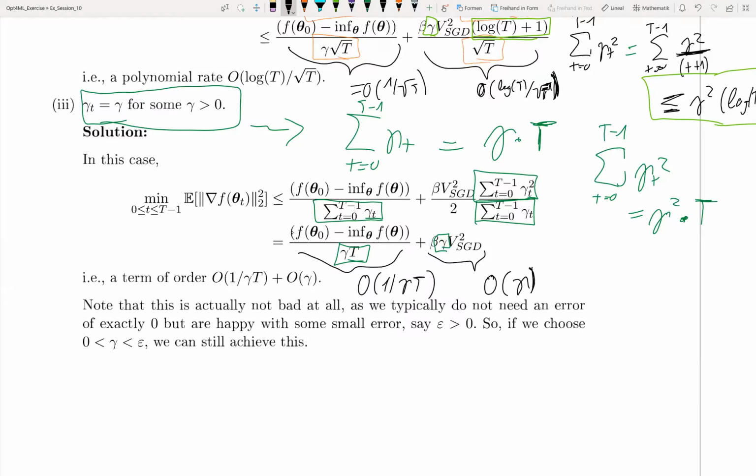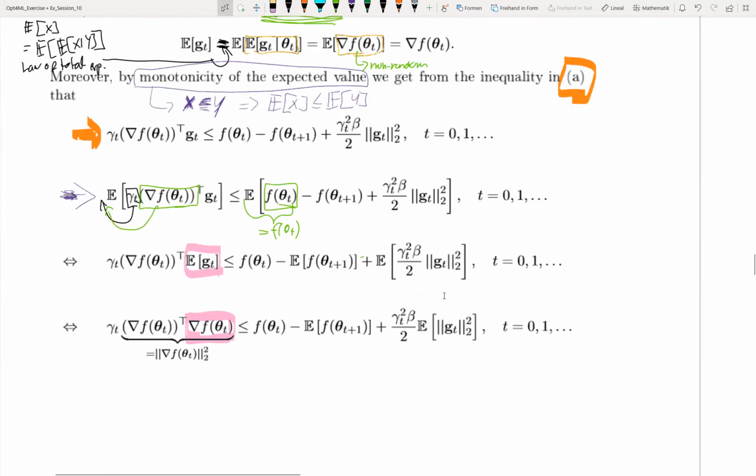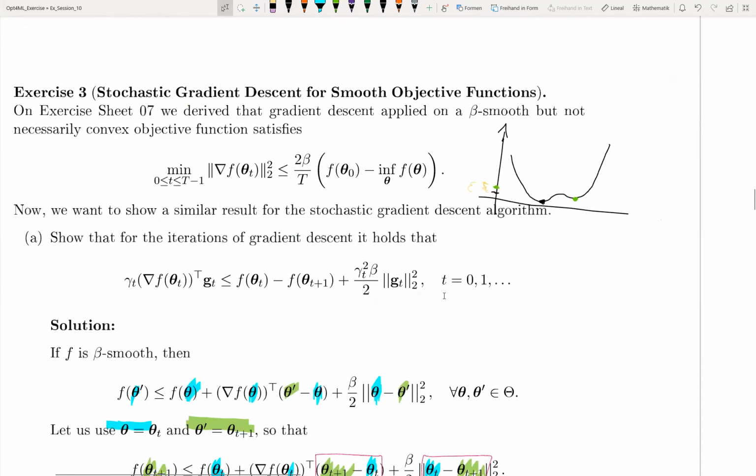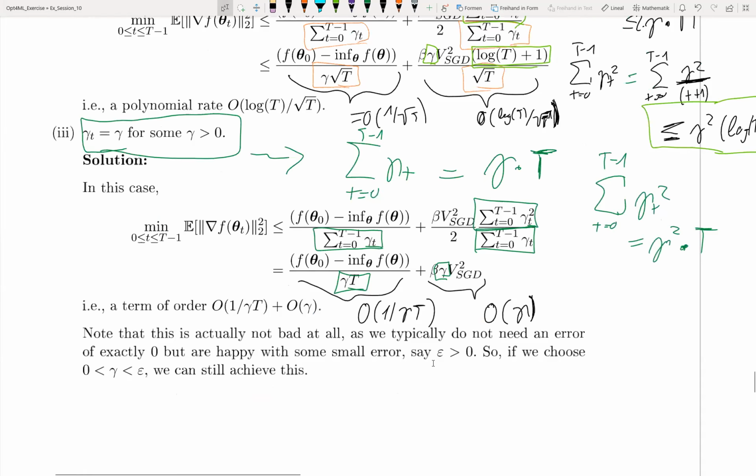But if we want an error, so this is coming back to what I was referring to at the beginning, if we are actually only interested in something which is good enough, perhaps not the optimum one, then you could say, all right, regarding this result here, I simply set the gamma smaller than the epsilon I want to have.